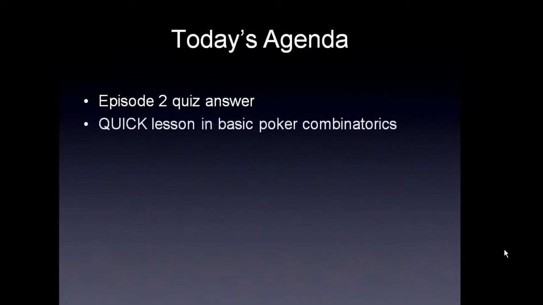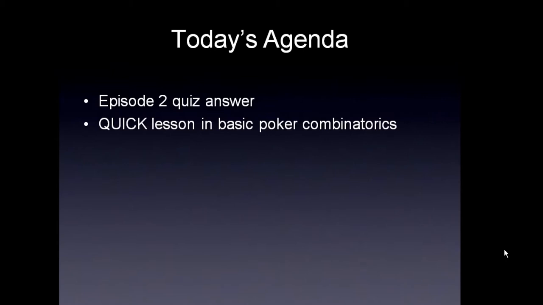So today's agenda, I figured I'd cover that before we proceed. First, I'll go into the episode 2 quiz answer where I posed the question, in the one card poker example, how can the villain minimize hero's total EV of a line? From there, I will give a very, very quick lesson in basic poker combinatorics.